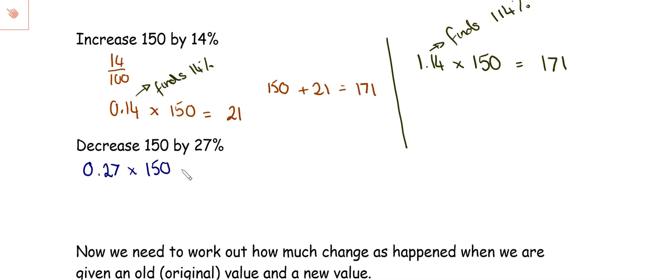Times 150, and we get the answer 40.5, and then we do minus 40.5, and we get the answer. What do we get, sorry? Can you check?